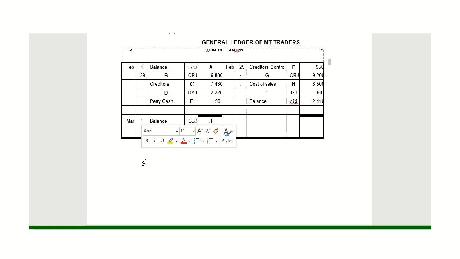So let's see. If I take all the debits, it's 6880 plus 7430 plus 2220 plus 90. It gives me 16620. So that is all these debits that I've got.